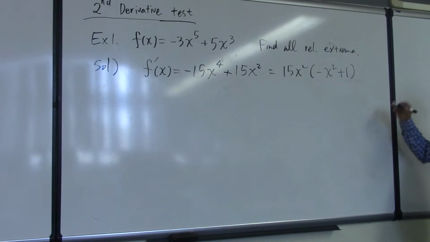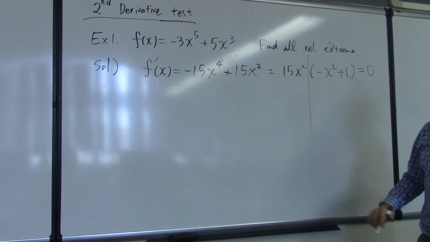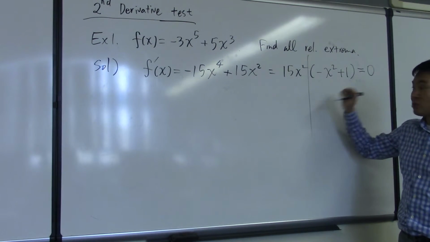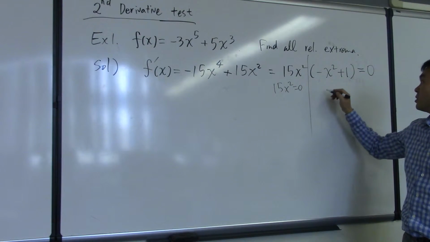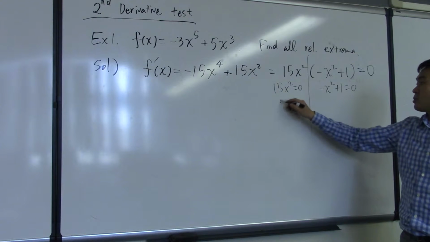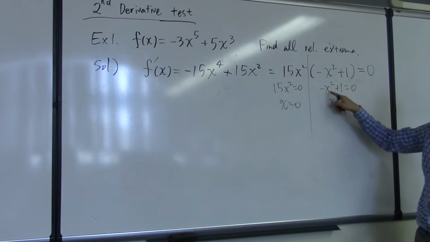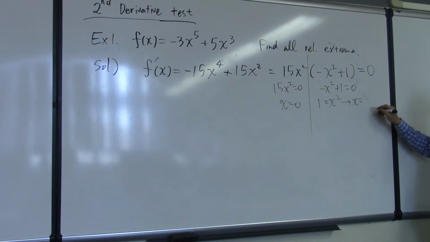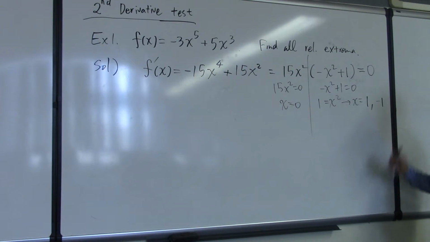Now, to find extrema, you first have to figure out the critical numbers. Critical numbers are where f prime is 0 or undefined. So we set this equal to 0. When many things multiply to 0, each individual factor should be 0. So 15x squared equals 0, or negative x squared plus 1 equals 0. If you solve this, you get x equal to 0. For the other, if I move the x squared to the other side, you get 1 equals x squared. So x is 1 or negative 1. Those are the values where f prime is 0. These are the critical numbers: 0, 1, negative 1.